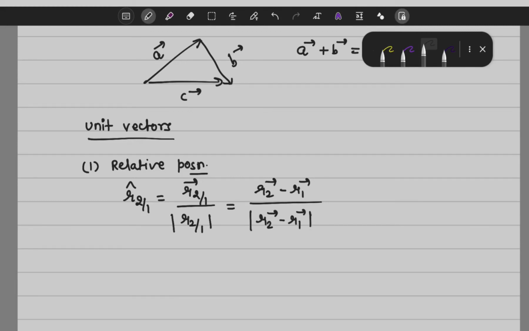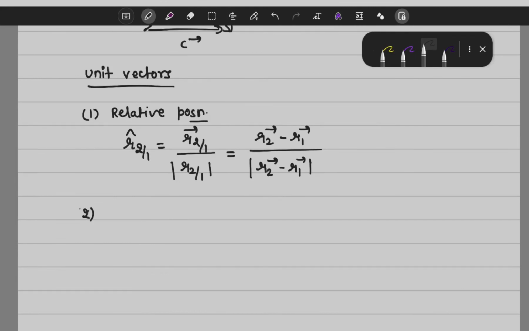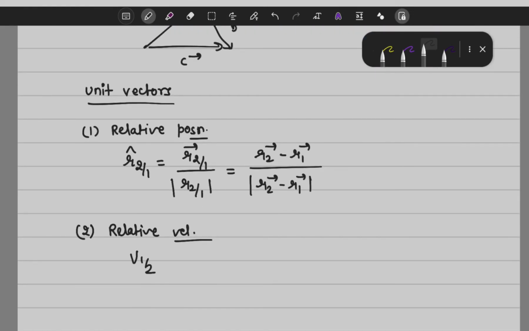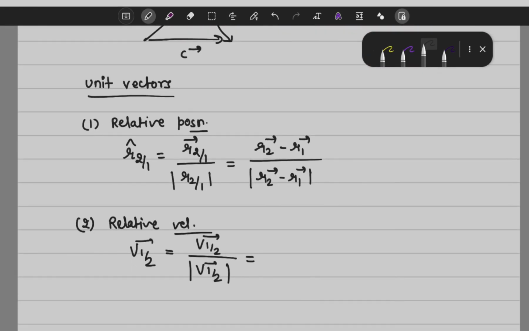The second thing is the relative velocity unit vector, v12 cap, equal to v12 vector divided by its magnitude, which is v1 vector minus v2 vector divided by the magnitude of v1 minus v2.